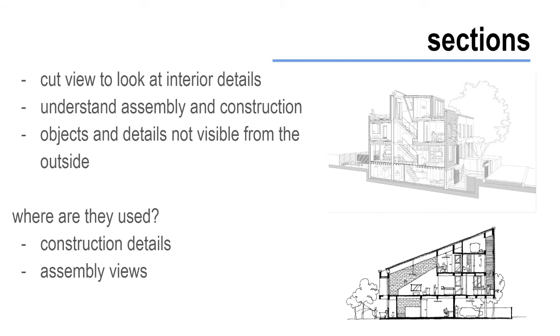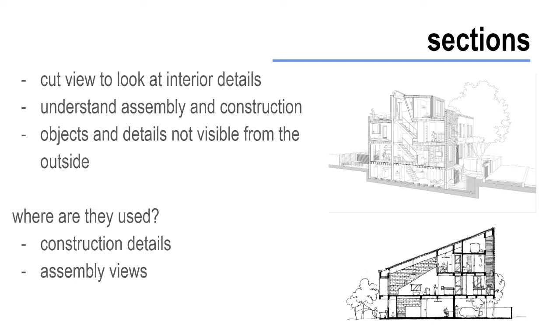But it's essentially cutting our building open, or cutting our object open, to look at the interior details, to help understand how something's getting assembled, what construction methods are being used, what materials are being used for framing, and things like that. Any details that wouldn't be visible from the outside, we would see in a section.